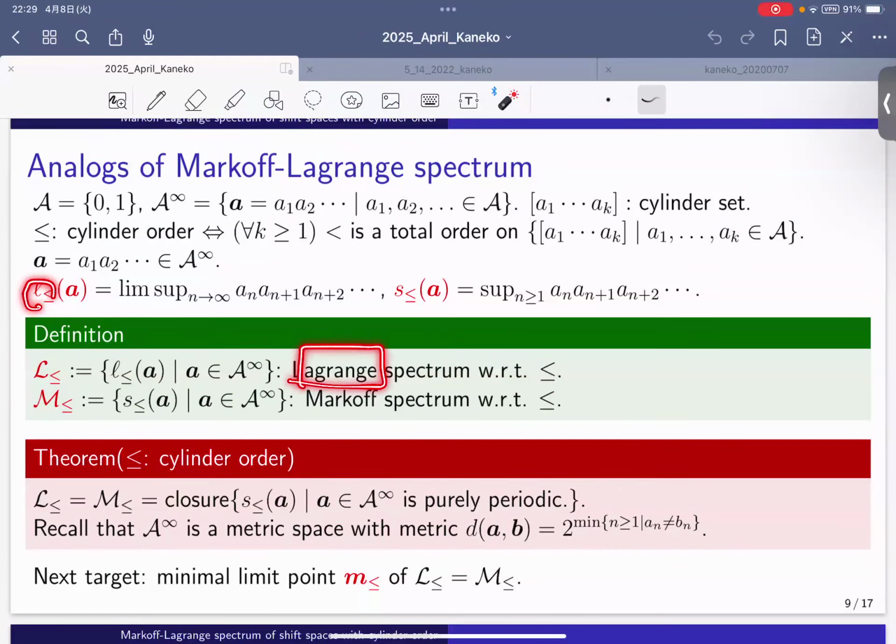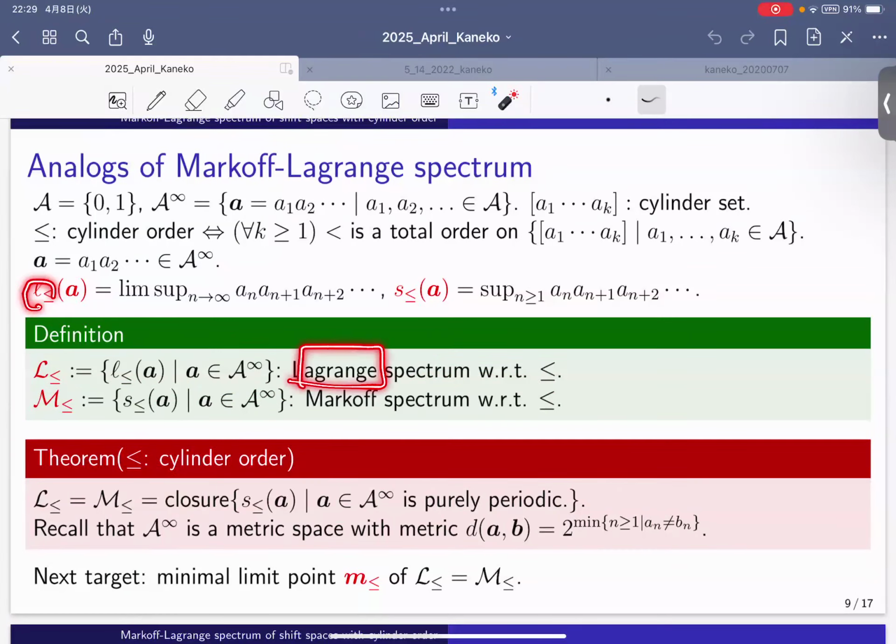In the classical case, the Markov spectrum is larger than the Lagrange spectrum, but in this theory, these are the same, and it's a closure of a subword of purely periodic. Here, closure comes from the fact that A finite is a metric space with this metric. So it's okay.